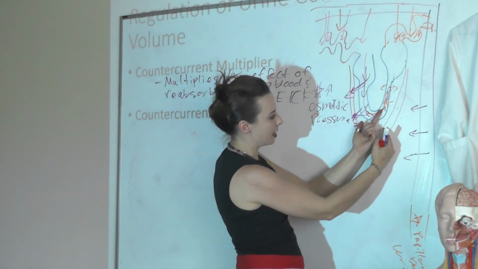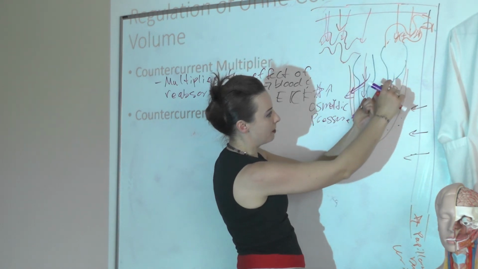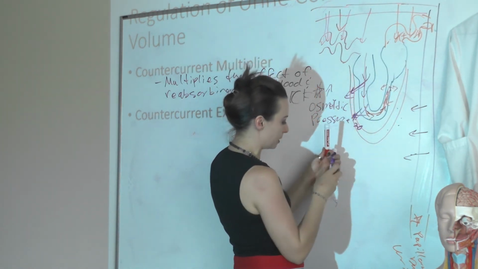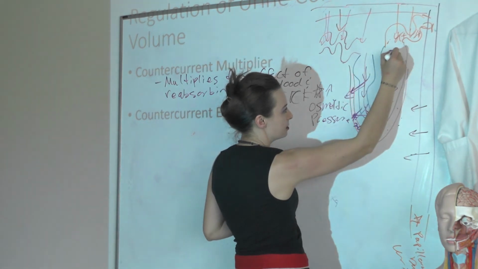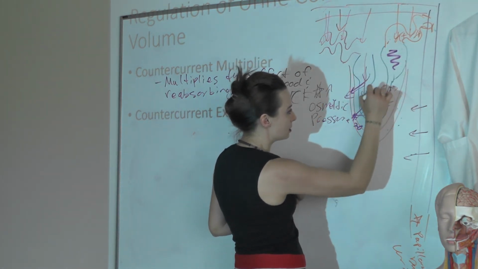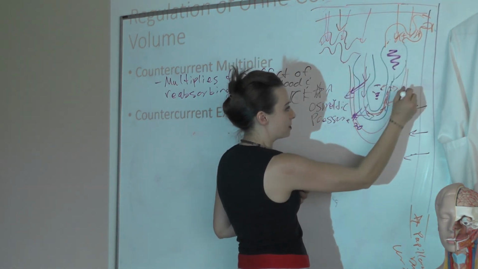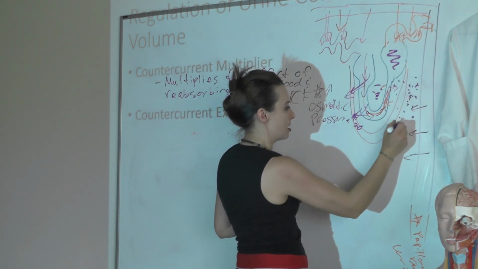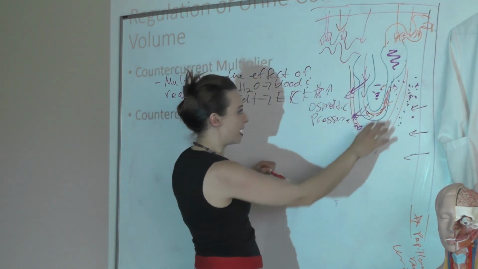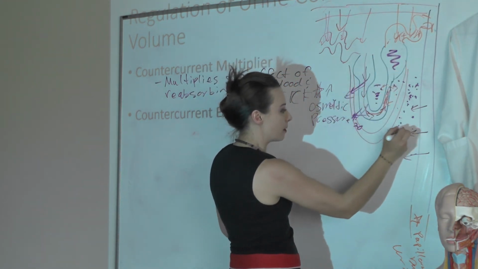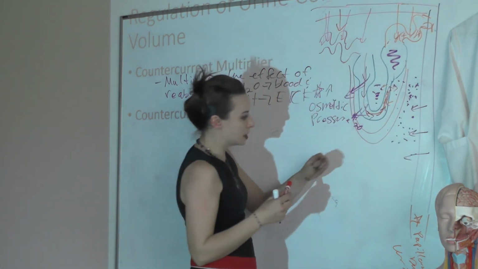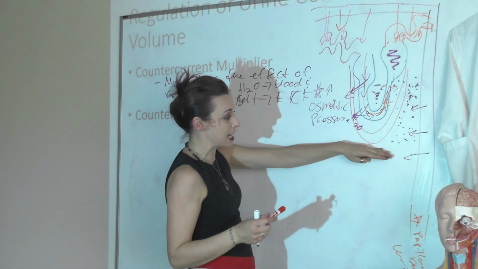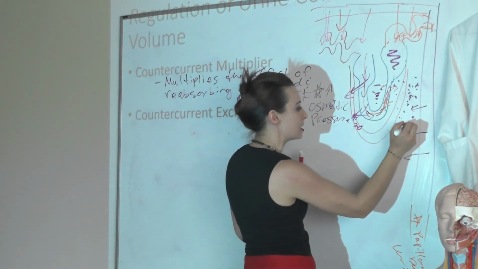And then when we come back up here and we start pumping out the salt, now this fluid moving through here is dilute again, because the salt is all out here, getting trapped in this interstitial fluid. It's not being picked up in the vasa recta. So it's multiplying this effect as we go up this loop so that we get saltier and saltier. So if you look at the tip of the loop, this is actually where we're the saltiest.